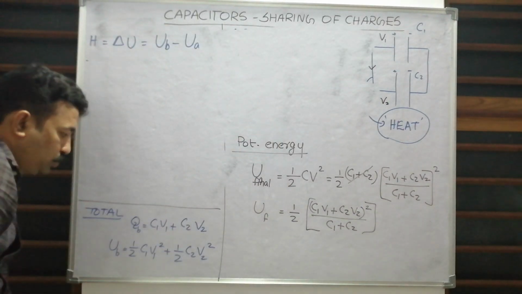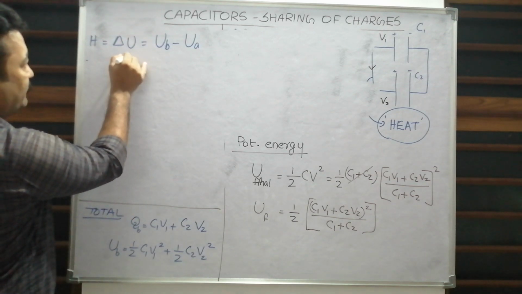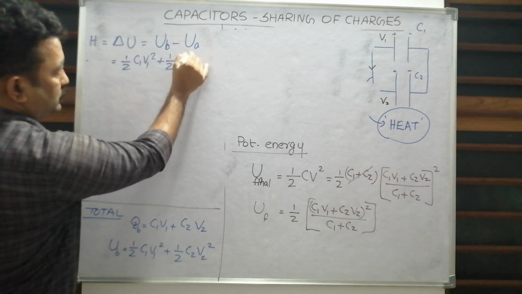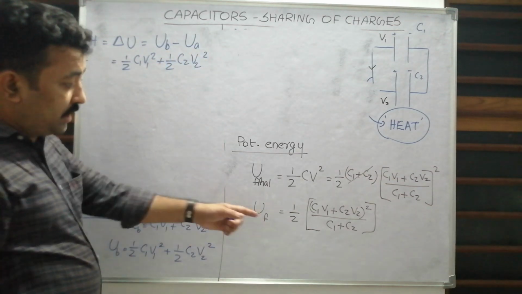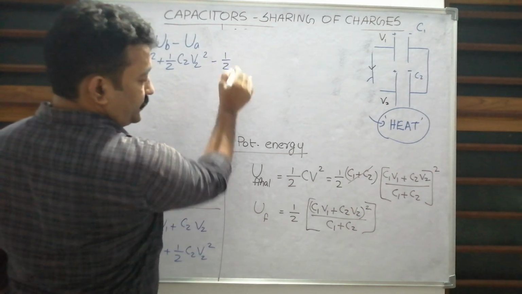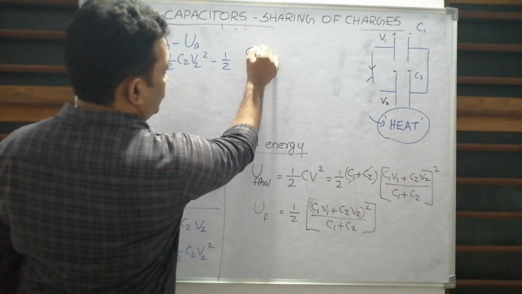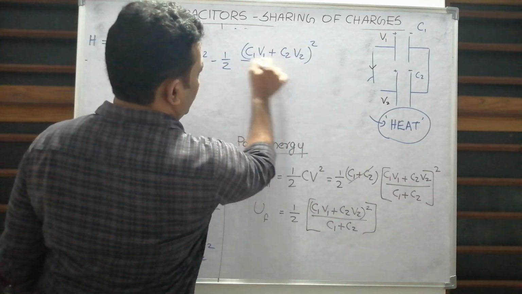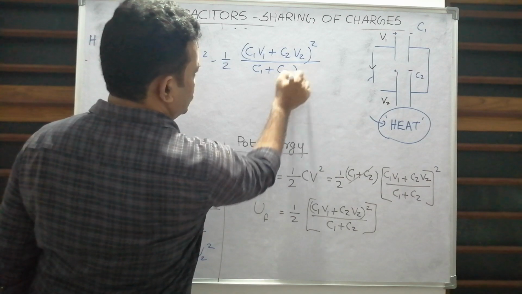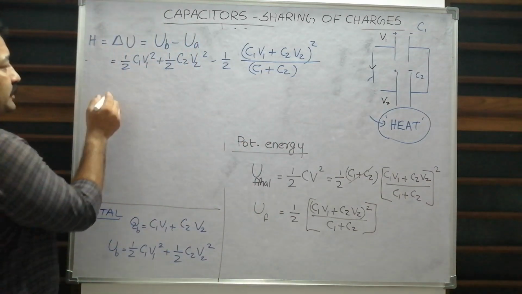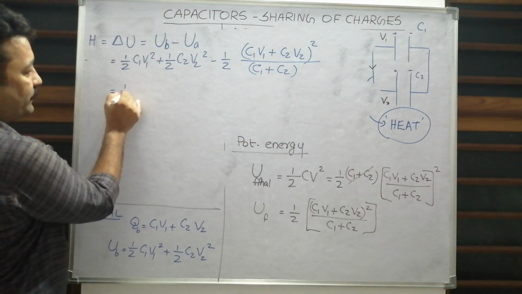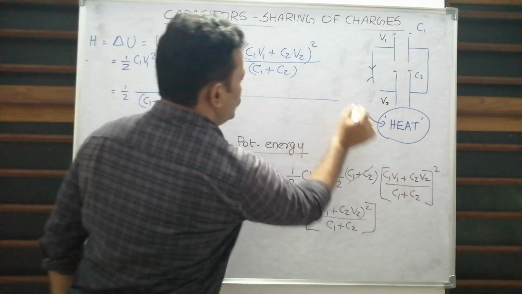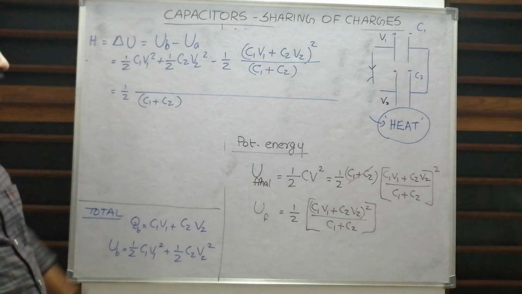U before is half C1 V1 square plus half C2 V2 square, and finally, half times C1 V1 plus C2 V2 the whole square divided by C1 plus C2. I'm taking half over C1 plus C2 as common. On the numerator, which factors arise?